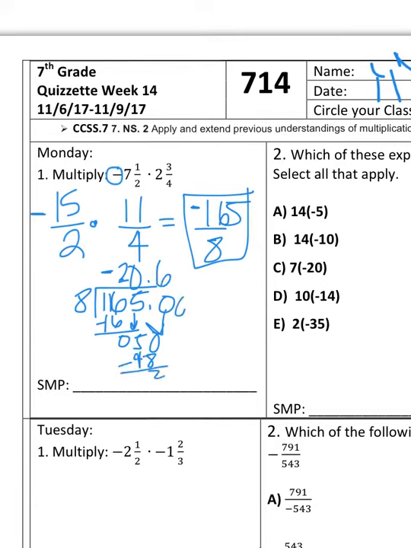Subtract that, you get 2. Bring the 0 down, just 2 decimal places. 8 goes into 20 2 times, and that's 16. And we can just stop there. So your answer is negative 20.62. The SMP you're using here is SMP 6. Attend to precision.